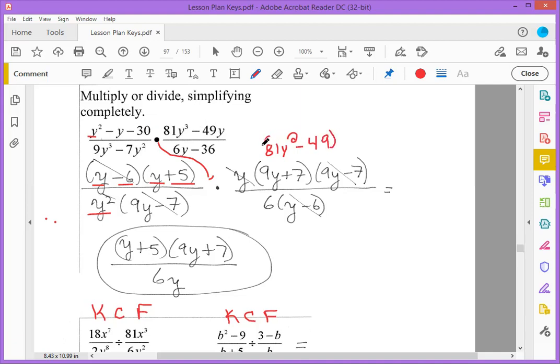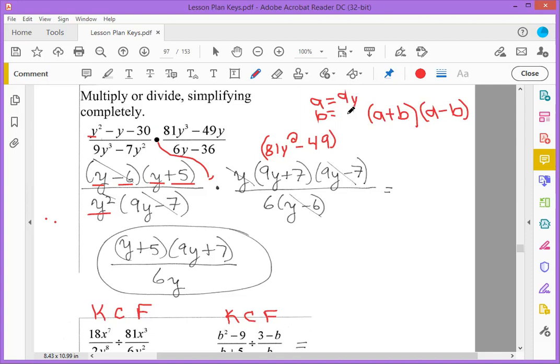Now this 81y squared minus 49 is a difference of perfect square numbers. You can identify your A term and your B term, and then you can factor using the sum of A and B, so A plus B, and then the difference, A minus B. Our A term here, 81y squared, we're squaring 9y to get 81y squared.